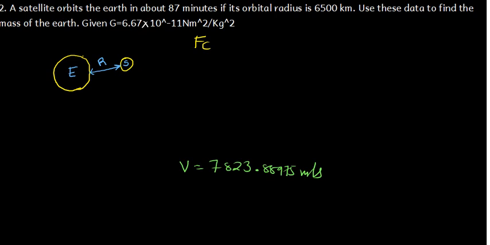There is also a force which is attracting these two objects, the Earth and the satellite, which can be given by Newton's universal gravitation force. So the centripetal force in this case is going to be equal to the universal gravitation force. And you know that centripetal force is given by mass times velocity squared divided by the radius.